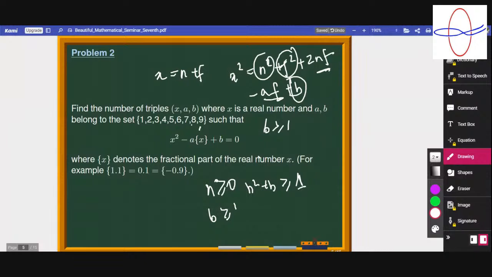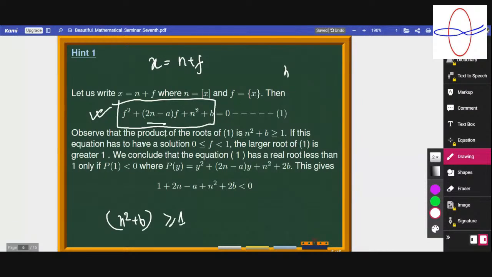Therefore, yes. So what does it mean? It means that the product of the roots is greater than or equal to 1. Now, to have a solution, f must be less than 1 and greater than or equal to 0, okay?